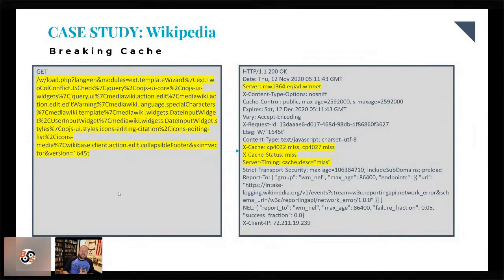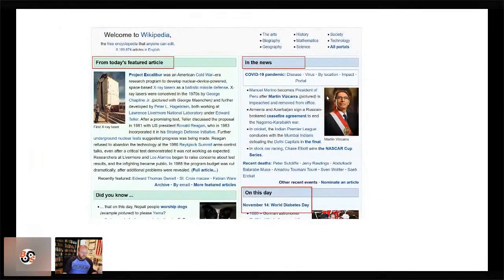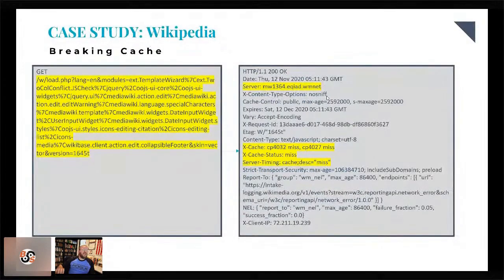Maybe it has custom content in it for me, for the thing I was going to do. And so it didn't serve it out of cache. It served it from a miss here, and you can see a miss, and it says we bypassed the cache. But because I'm here, on this, oh, sorry, I went wrong button, MW, the 1364, what have you, I know that that has the ability to serve content, even if it's not being served out of cache. So I actually know a fair bit now about their hosting environment, more than they were anticipating.